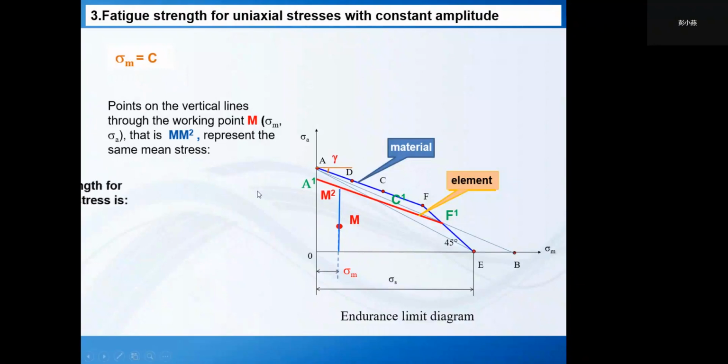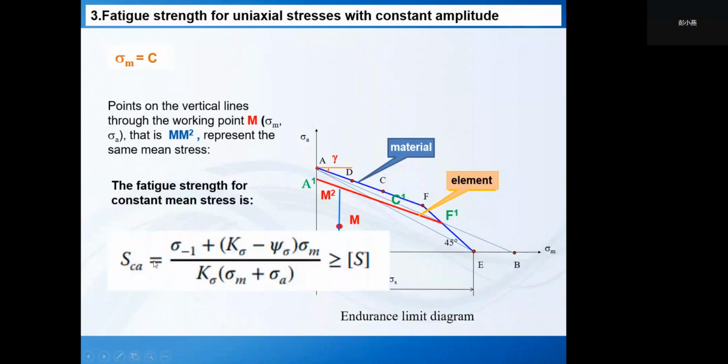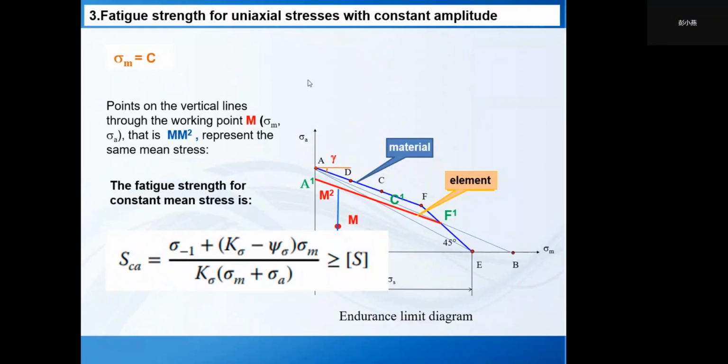Okay, and then we can also obtain the coordinates of M2 and the vertical stress for constant mean stress. The calculated safety factor should satisfy this, and this is under the condition that the mean stress is constant.